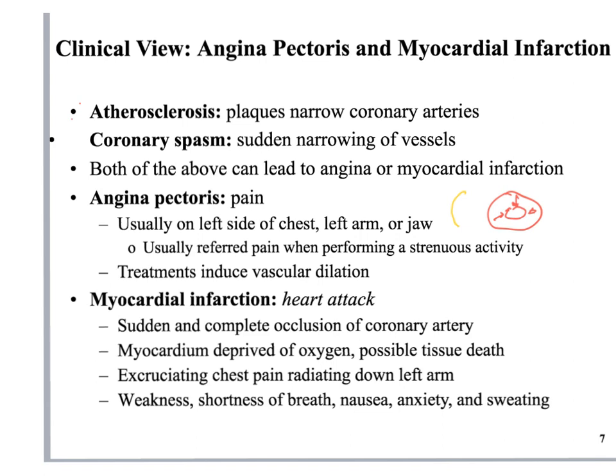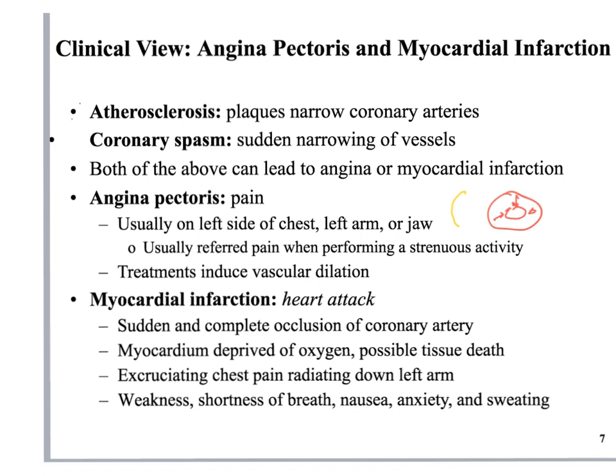Myocardial infarction is a sudden and complete occlusion of a coronary artery. The myocardium is deprived of oxygen, and because cardiac muscle depends upon oxygen for ATP, it causes cardiac muscle cells to die. So you have chest pain, from the upper pectoral down to the left arm, and weakness, shortness of breath, nausea, anxiety, and sweating.